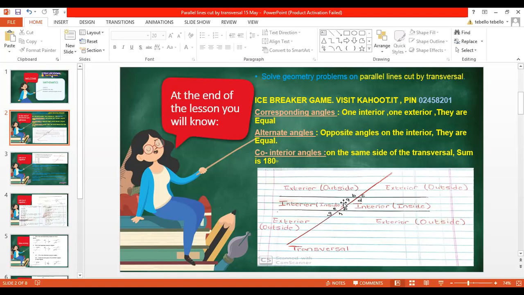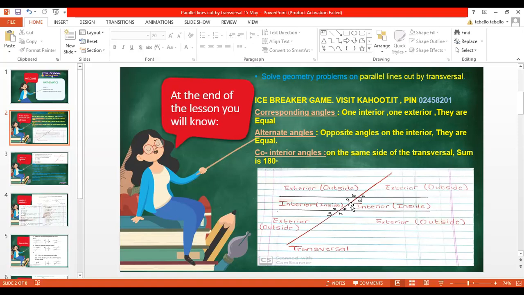They say on the same side of the transversal, so we have the left hand side and the right hand side. We can start with the side right here. When you add angle D and angle F, they must be 180 degrees. These ones must not be equal. They must be different, but when you add them, they must give you 180 degrees.